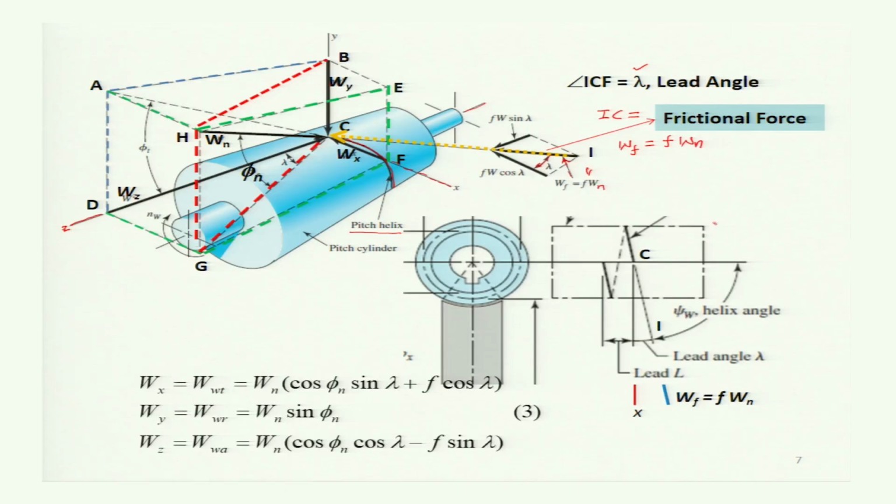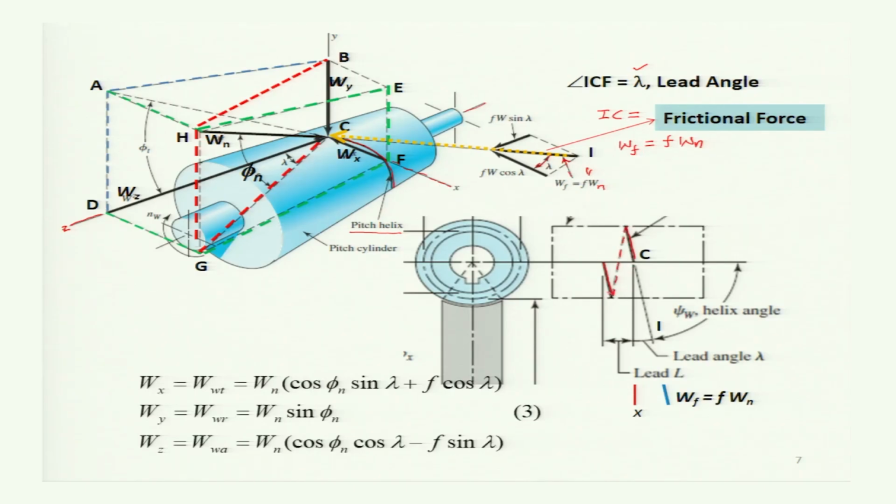Okay, let us see the same thing in this figure. In this figure, the thread is shown here, this way, and on the back side it is also wrapped, which is shown by this dashed line.